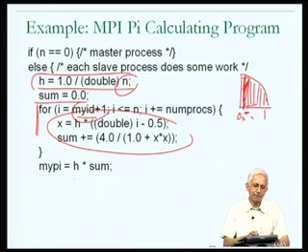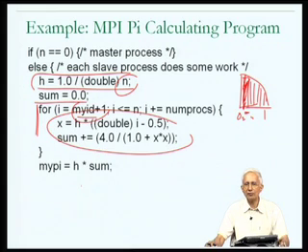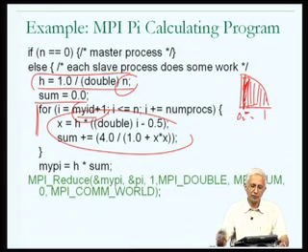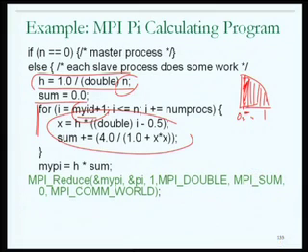It can then calculate what its contribution to the value of pi is, and now all the processes can communicate what they think their contribution to the value of pi is back to the root process using MPI reduce. In MPI reduce, each of the processes is going to communicate its value of pi to the root process, and what it's going to communicate is one double precision value, because the computation that we talked about was clearly not computing an integer value but a double precision value.